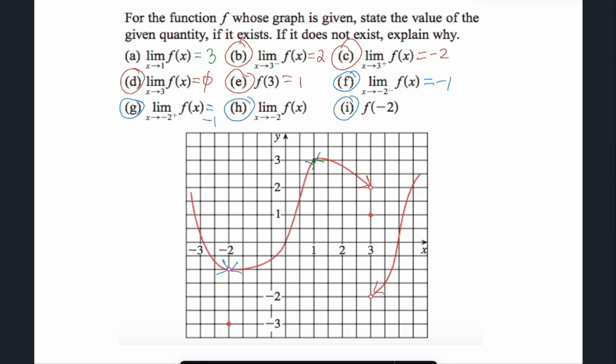So the limit as we approach -2 is -1. We don't care that the hole is there until we come to I. Now, I says, what is the actual function value when x is equal to -2? And what's the actual value it hits? -3.